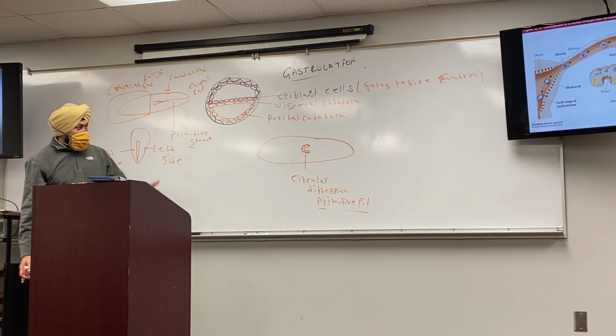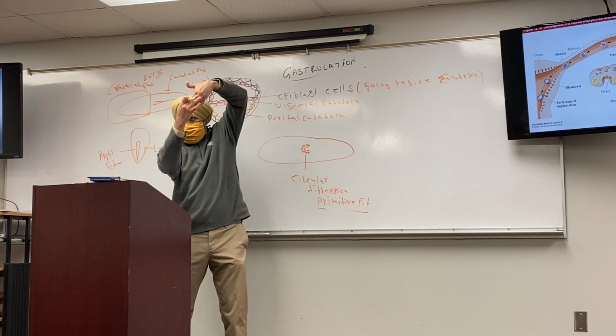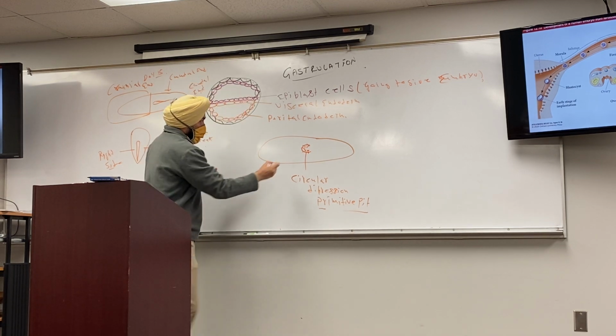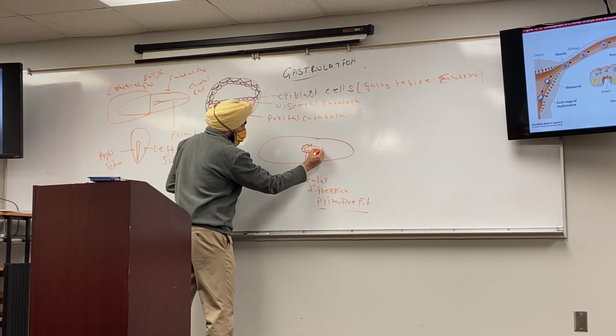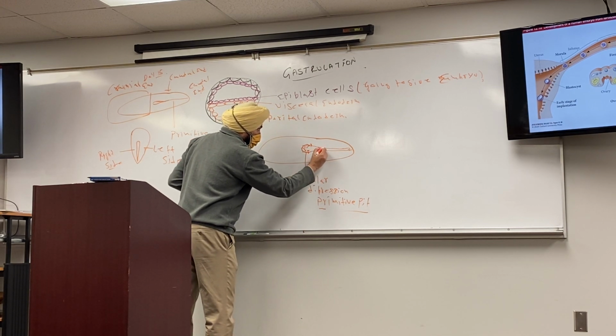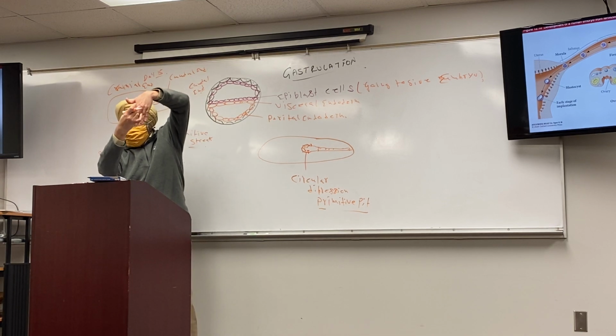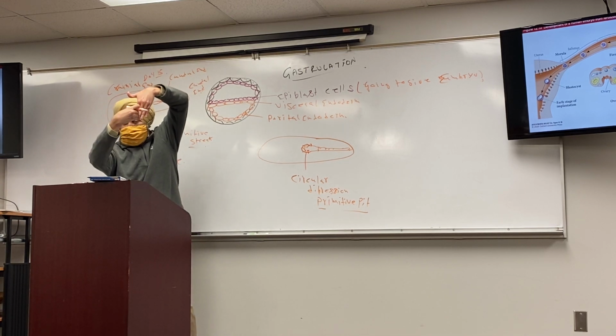Okay? Now, this depression starts from here, and then it moves from here to here. So all those cells start moving, and ultimately this thing is formed. All these cells are now moving. Now it's exactly like your fingers. Like here the gap is there, it's like that. The things are moving from here like this.